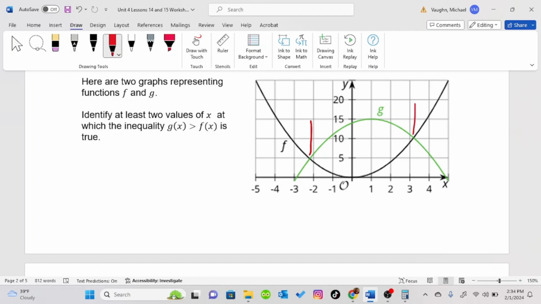So now I look for values, and I could say right here when x equals 0, and I could say right here where x equals 2. Both of these values of x make g of x greater than f of x.